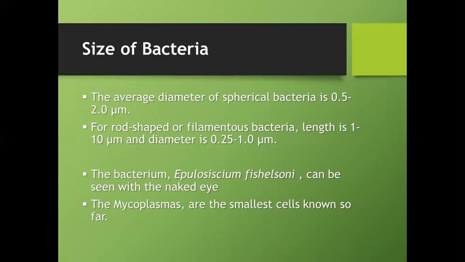The average diameter of bacteria is between 0.5 and 2 micrometers, and rod-shaped ones are around 1 to 10 in length, and the diameter is 0.25 to 1. The bacterium Epulopiscium fishelsoni can be seen with the naked eye. You don't need a microscope.